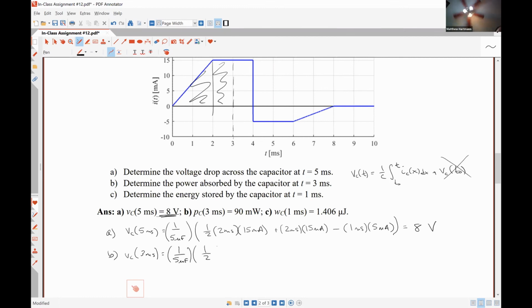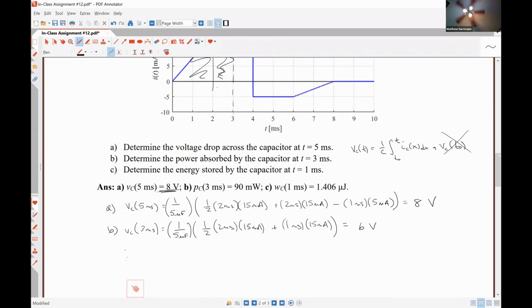We already know that triangle because we just did it. And now we're looking at this bit. So the base is 1 millisecond. The height is 15 milliamps. And so that gives me 6 volts.